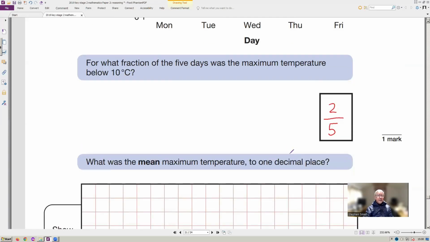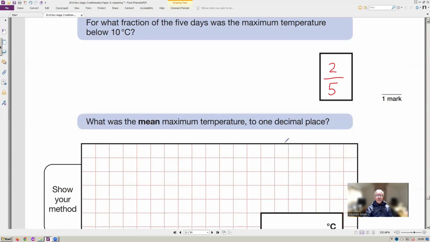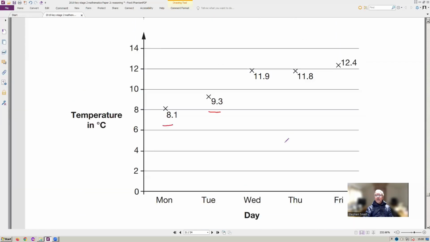And the next bit is, what was the mean maximum temperature to 1 decimal place? Okay, well, I'll do it up here because I've got all the numbers. The way to do it is you add them all up and then divide by how many you got. So we're going to divide by 5. 1 and 3 is 4, and 9 is 13, and 8 is 21, and 4 is 25.